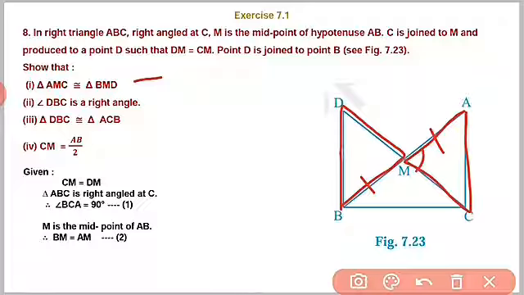Angle AMC is equal to angle BMD. Why? Vertically opposite angles. And it is already given that CM is equal to DM. So by SAS, these two triangles are congruent.